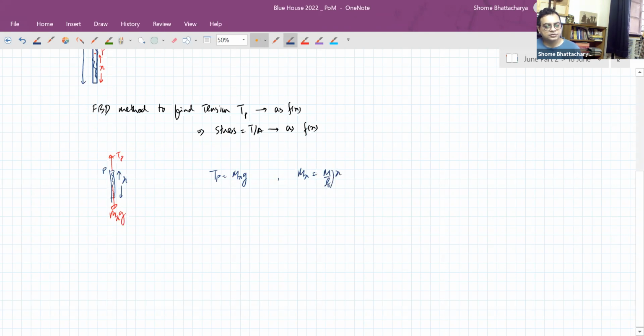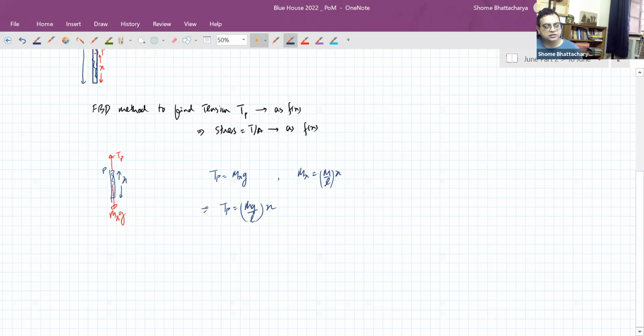Now there's a small point here that we should actually write it as m upon L plus delta L. But remember, delta L is small compared to L. So we can just approximate it this way. So tension as a function of x is becoming mg by L into x. As you can see, it's a linear function.